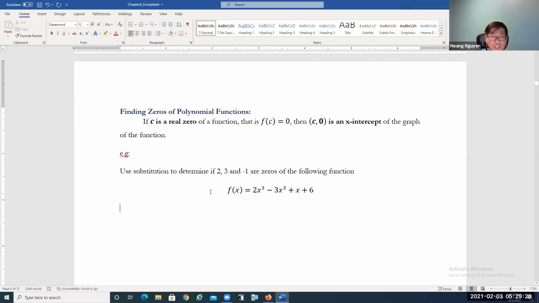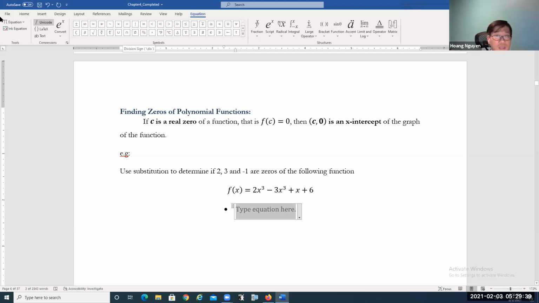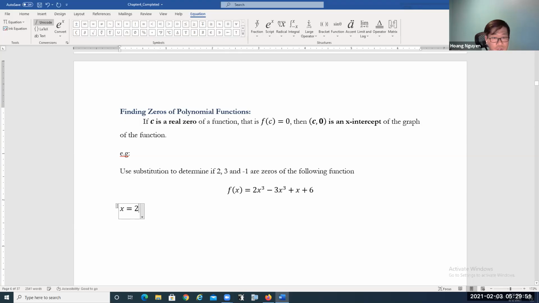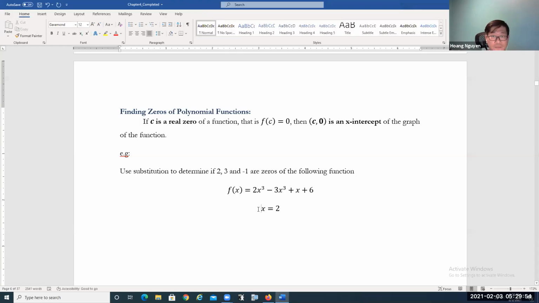Use substitution to determine if 2, 3, and -1 are zeros of the following function. Okay, so they're going to give you three numbers for you to double check. We're going to try the first value, when x equals 2, to determine if x equals 2 is a zero.